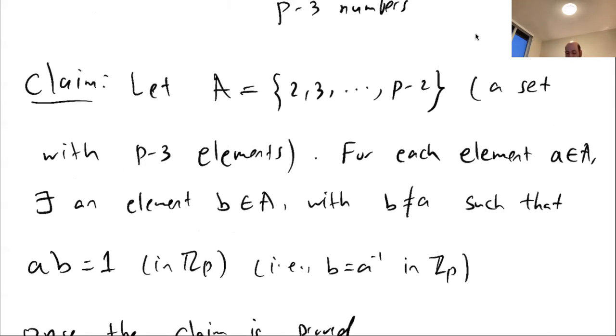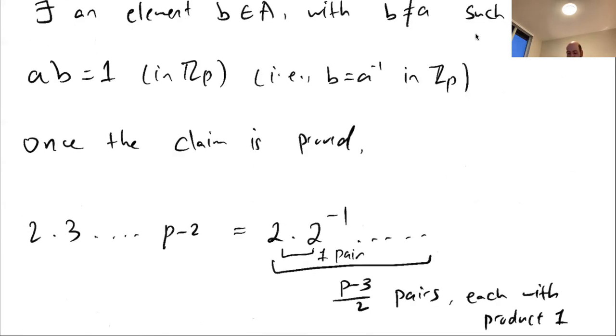A has P minus 3 elements, and the product of each pair is 1, because for each pair I'm multiplying a number with its inverse. So when I multiply all the elements of A, I get the product of P minus 3 over 2 ones, and the product of any number of ones is, of course, 1.